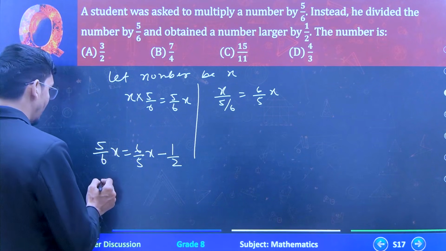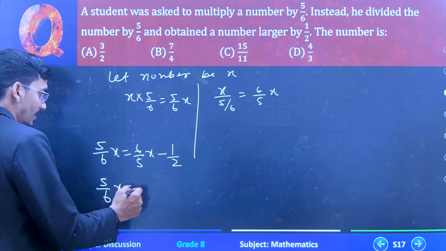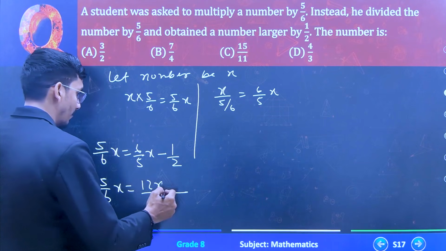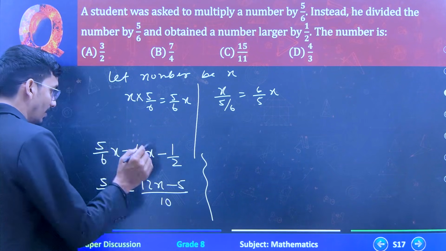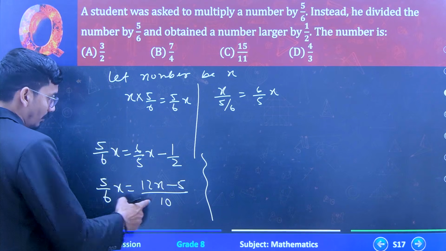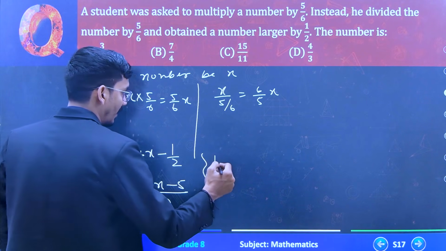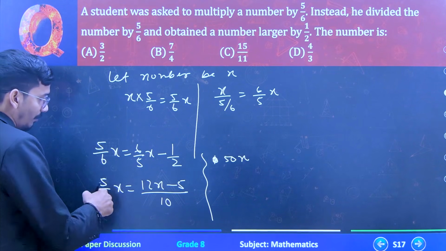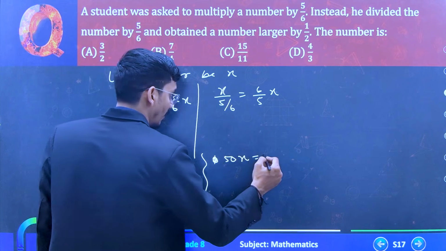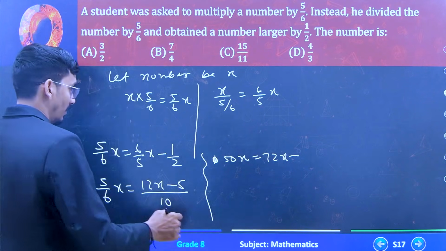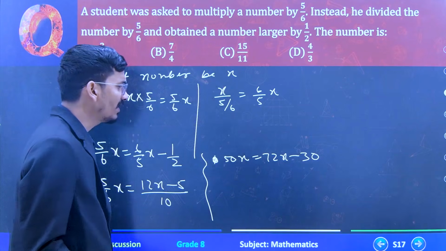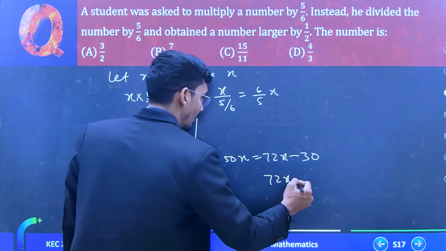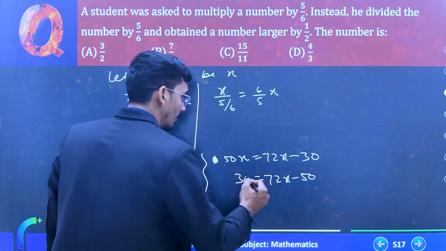Now take the LCM first. So 5 by 6x and this 10, LCM 10. So this is 12x minus 5. Now cross multiply. So 5 into 10, 50x, and this 12 into 6, 72x minus 30. So again simplify, 72x minus 50x equals 30.